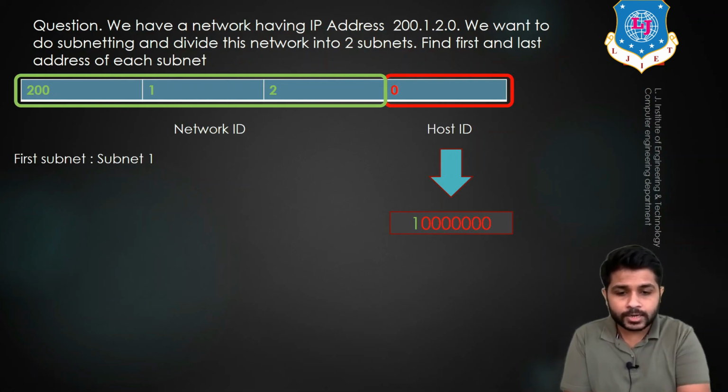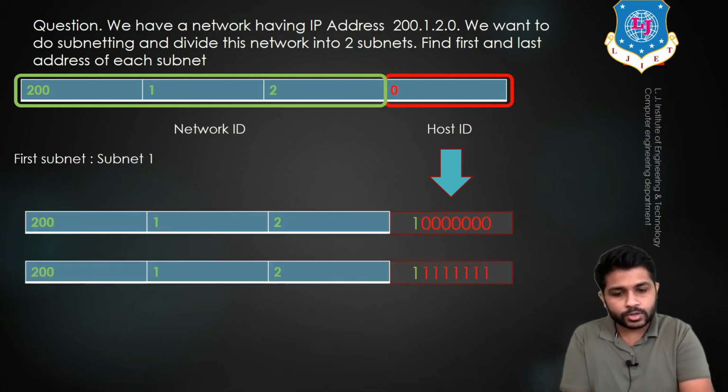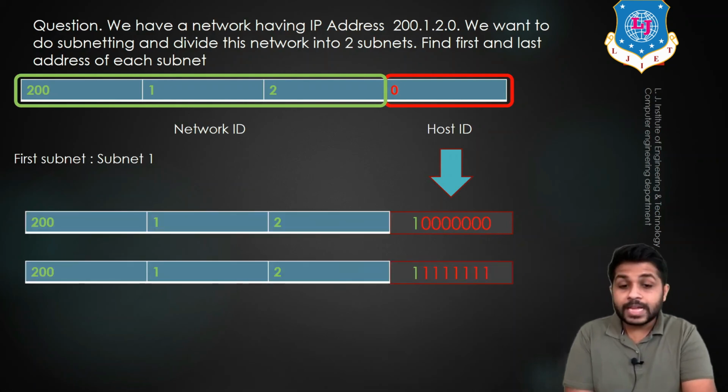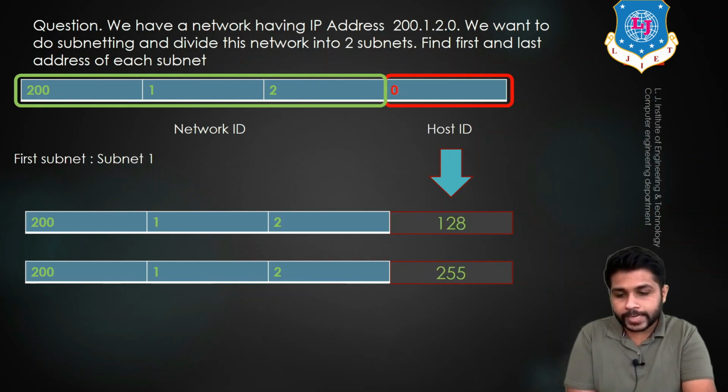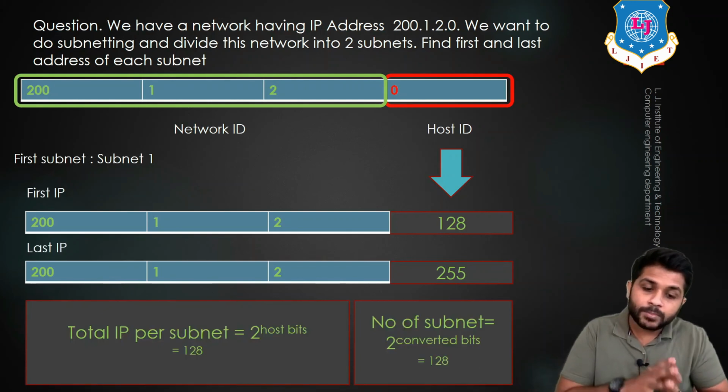So for the starting address, all the host bits will be 0, okay, and for the ending address, all the host bits will be 1. Let's convert into decimal. So we will get the first IP address 200.1.2.128 and 200.1.2.255.